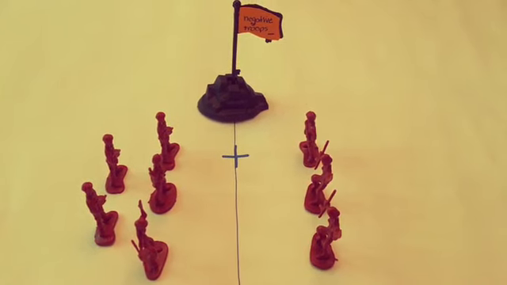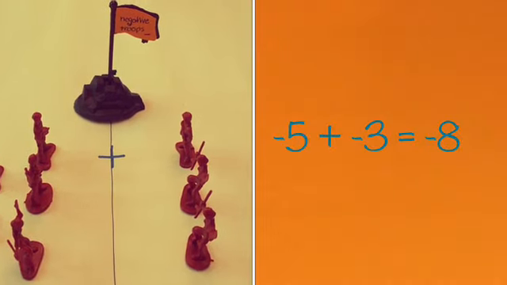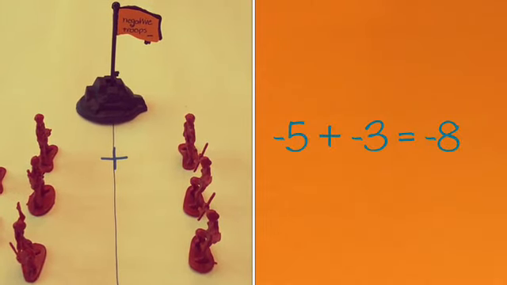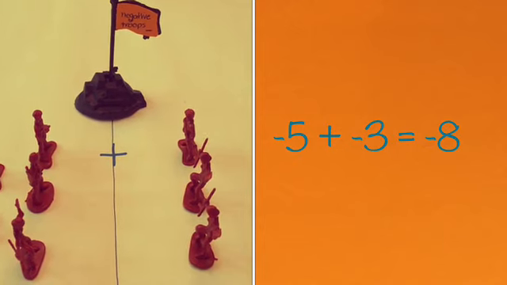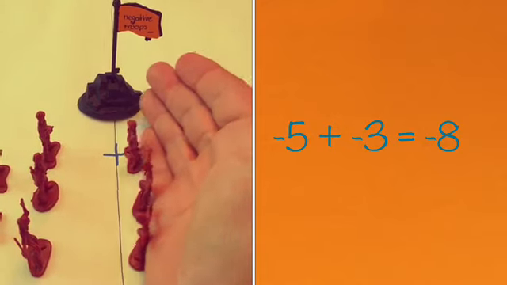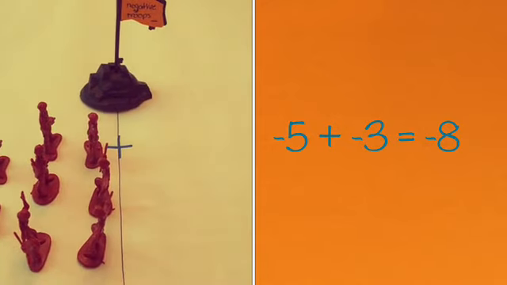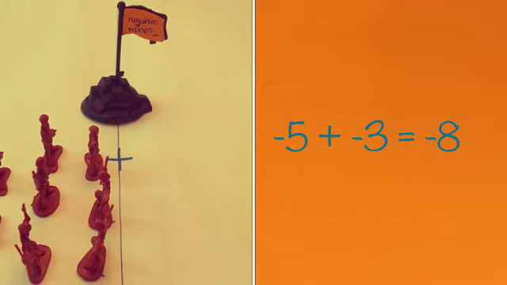All of these soldiers are working together, not against each other. So we're going to do the same thing as we did with the positives. If we have 5 negatives and then we add 3 more negatives, how many negatives do we have all together? We have 8 negatives. So the answer is -8.